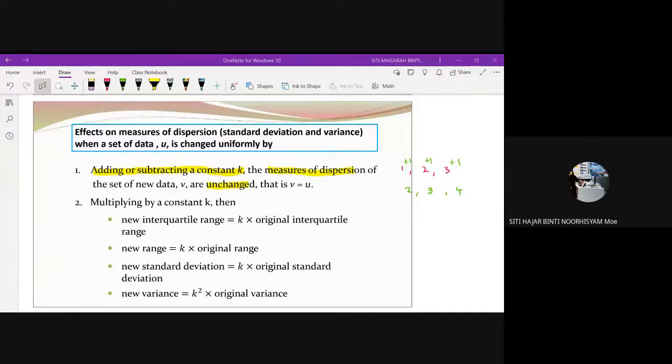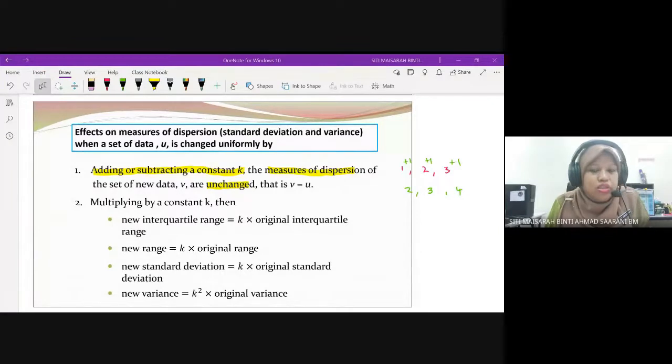Betul, Madam. Okay. So maksudnya kalau 120%, adakah setiap data tu dia bertambah dengan nilai yang sama? Katakanlah kalau gaji dia 100, kalau 120%, dia jadi berapa? Dia bertambah sebanyak 120. Kalau gaji dia 200 sama tak? 120 tak?